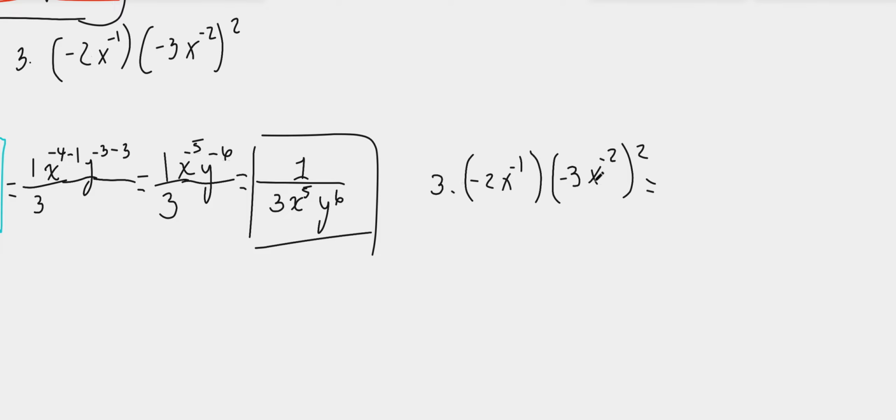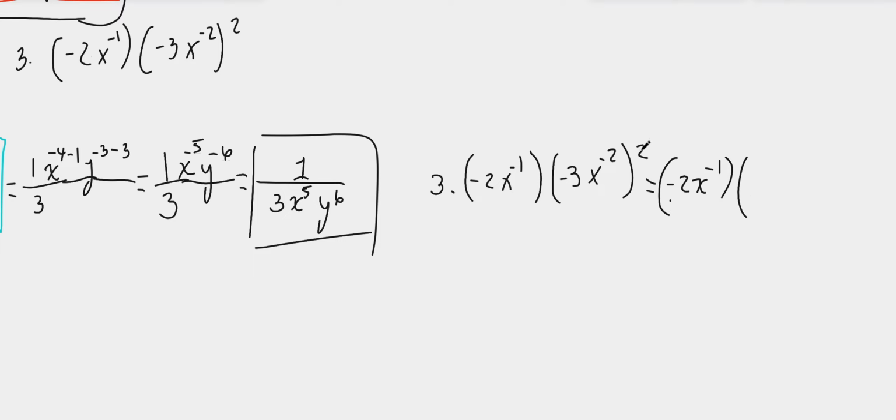What can we do to the first one? Well, the only thing that we can do here is actually move this x to the denominator. I can do that now, but I'm going to choose to do it later, and you're going to see why. I'm just leaving it negative for now.